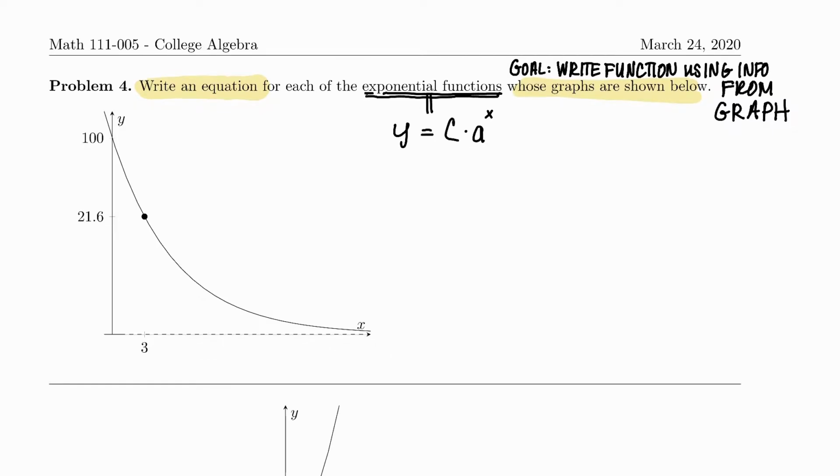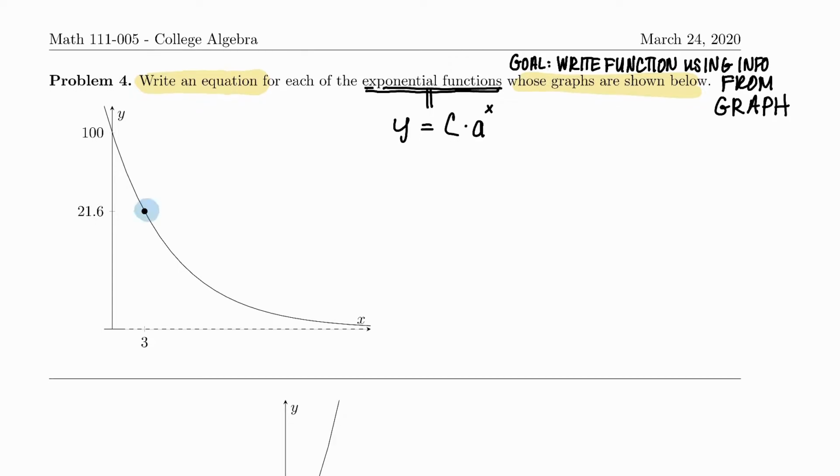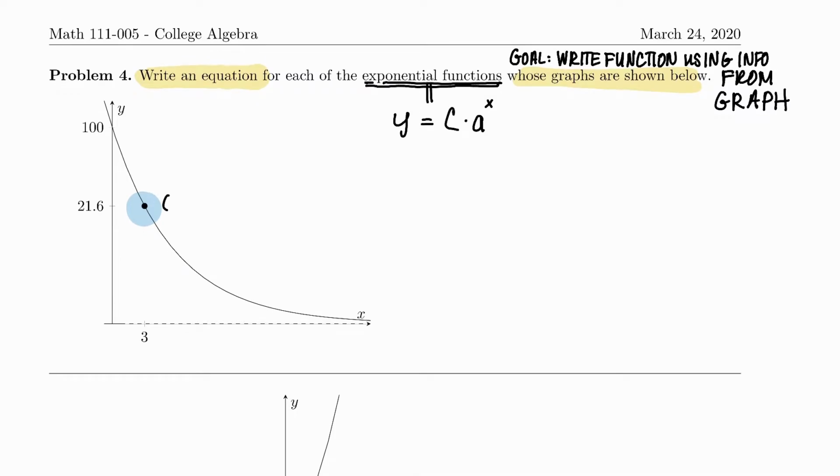Okay, so let's take a look at this graph here. We're given a point here, and the coordinates are 3, 21.6.